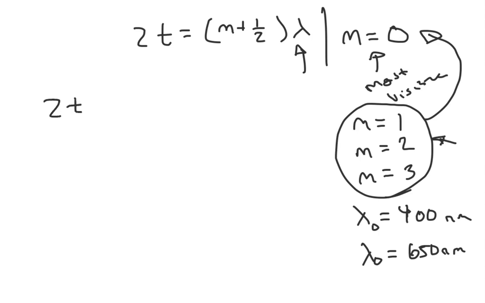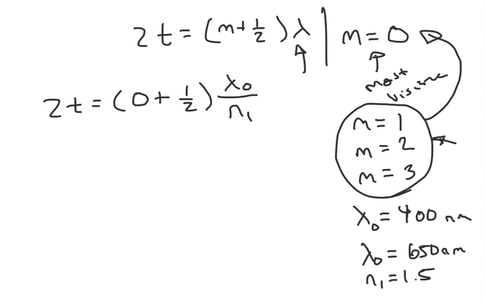And what do we change it to? Lambda naught over n prime, where n prime is equal to 1.5, the index of refraction for glass.